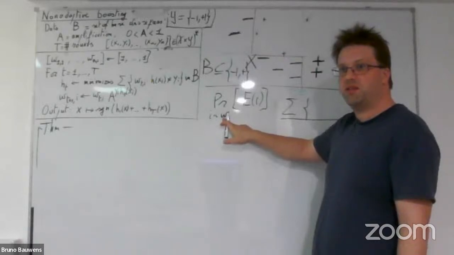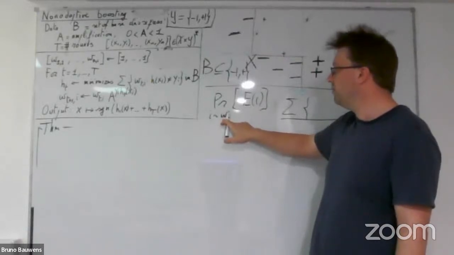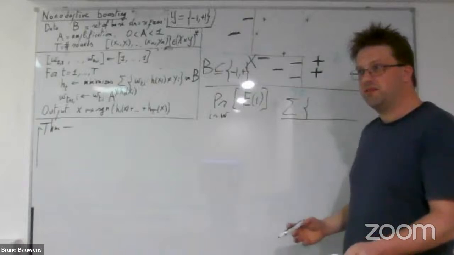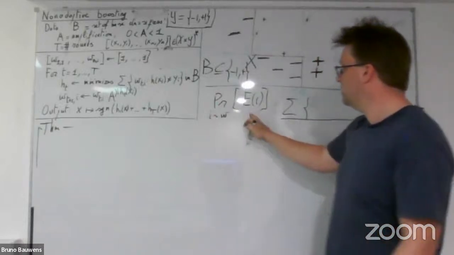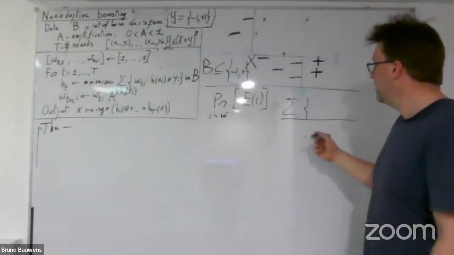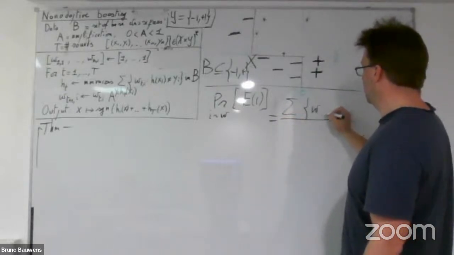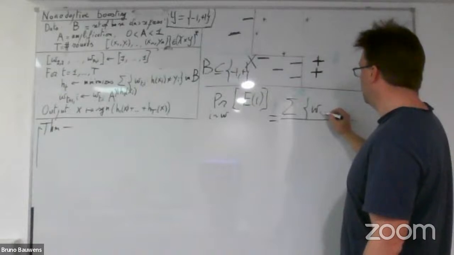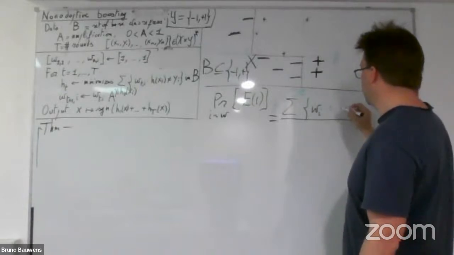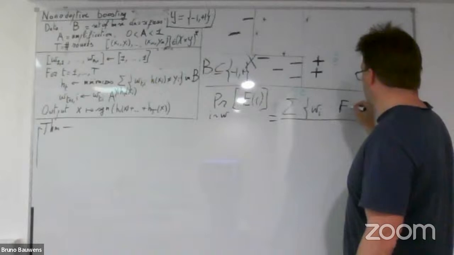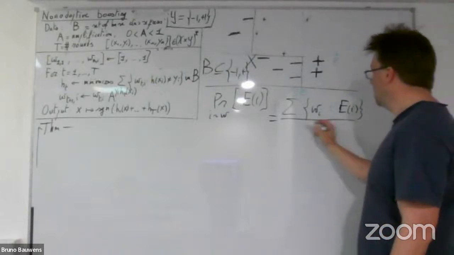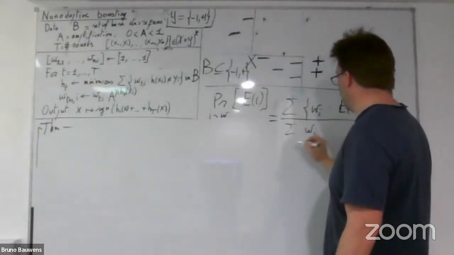We did it before in online learning. So if W is just a vector of non-negative numbers, then this is equal to the sum of W_i for which E(i) holds divided by the sum of all W.